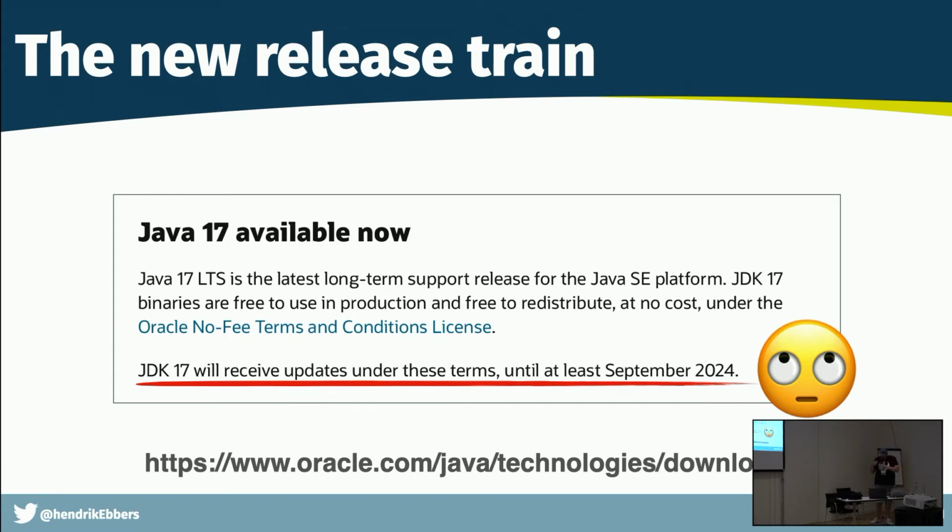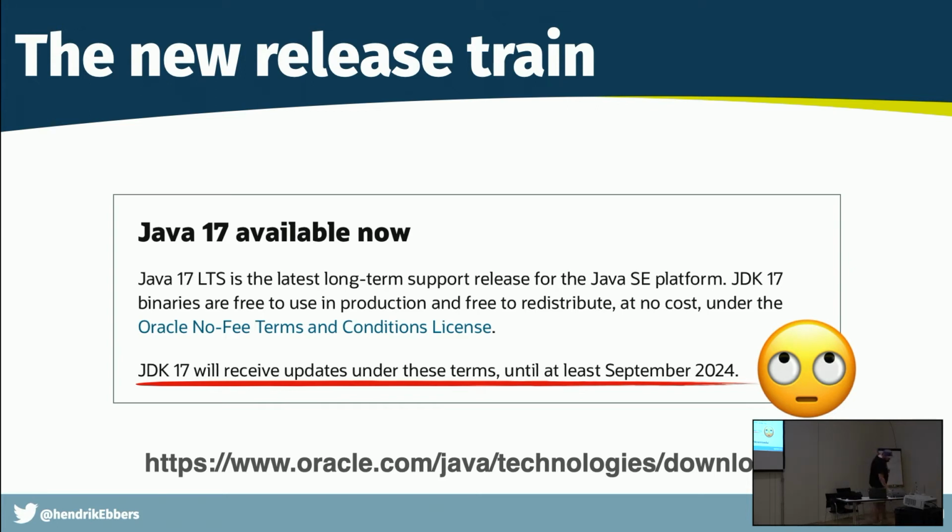so based on this release train, as mentioned, one of the goals was to have a better, faster development of features in the OpenJDK, and have these features be part of a Java version once the feature is done.